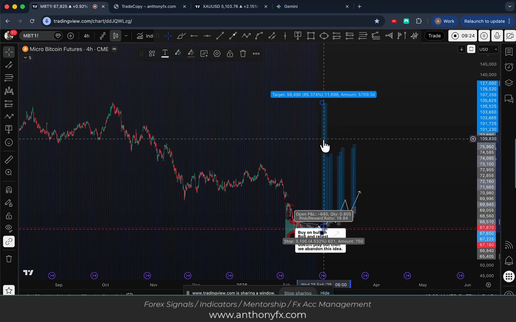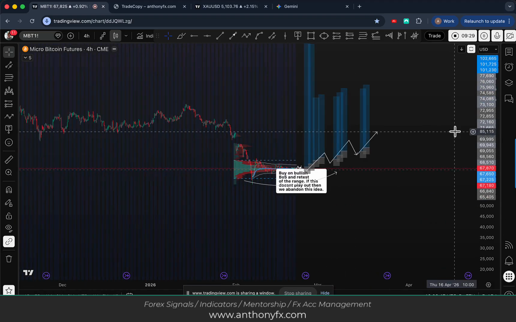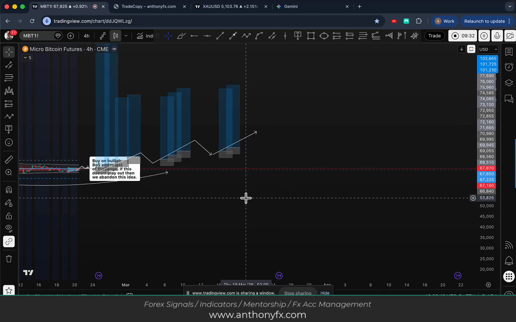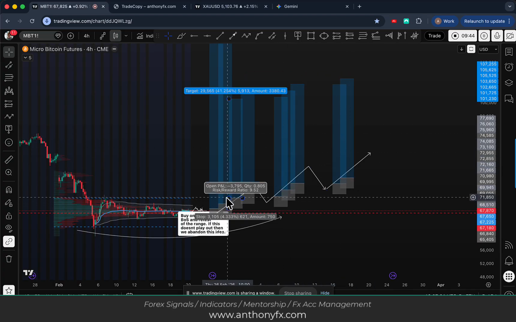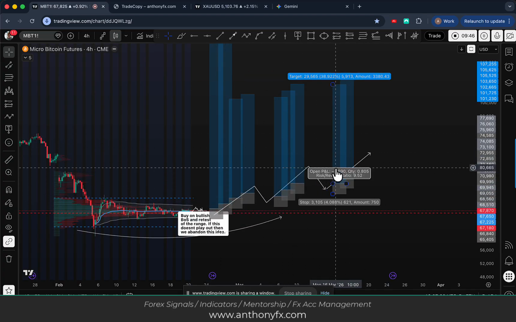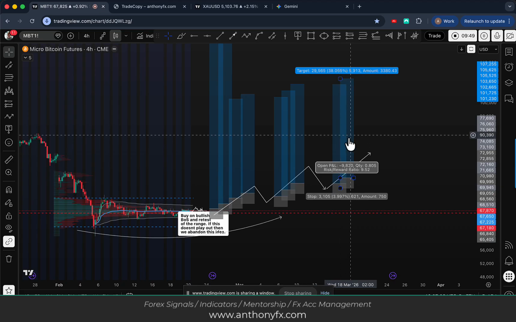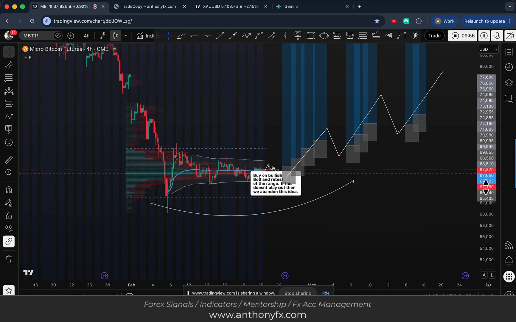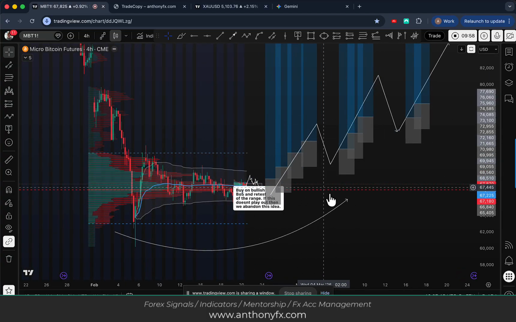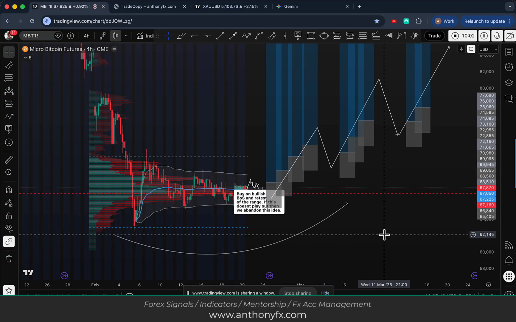What's the risk reward on these? It's just ridiculous. If you've got 1, 2, 3, 4, 5, 10, 15, 20 with a 20R target, that's huge. So this is an opportunity to just kick off with this monster trade and see how we go.